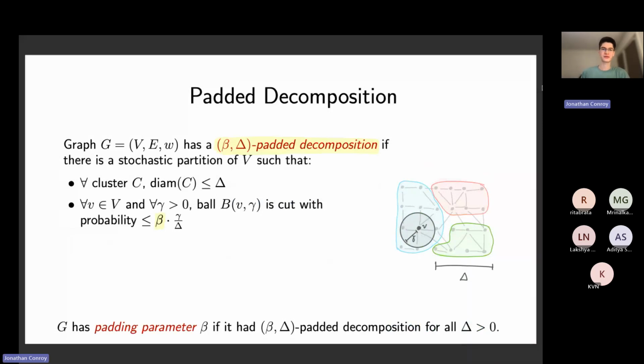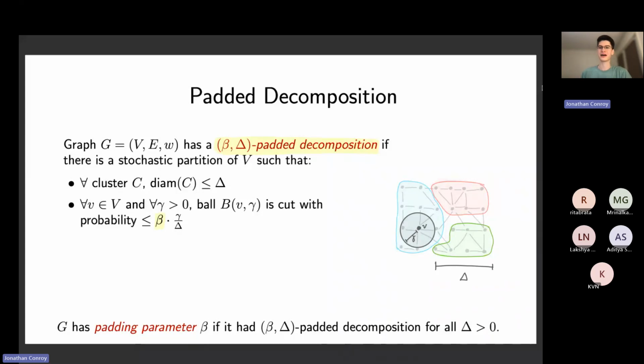is as follows. We say that a graph has a beta, delta padded decomposition if we're aiming to cluster the graph into pieces of diameter at most delta. And here's the second condition that talks about the guarantee that nearby vertices should get clustered close together. We want to guarantee that every radius gamma ball gets cut with probability at most beta times gamma divided by delta.